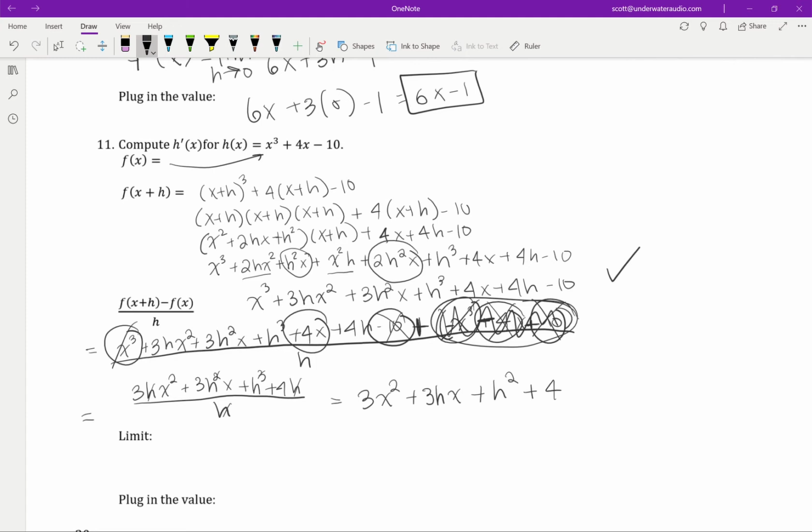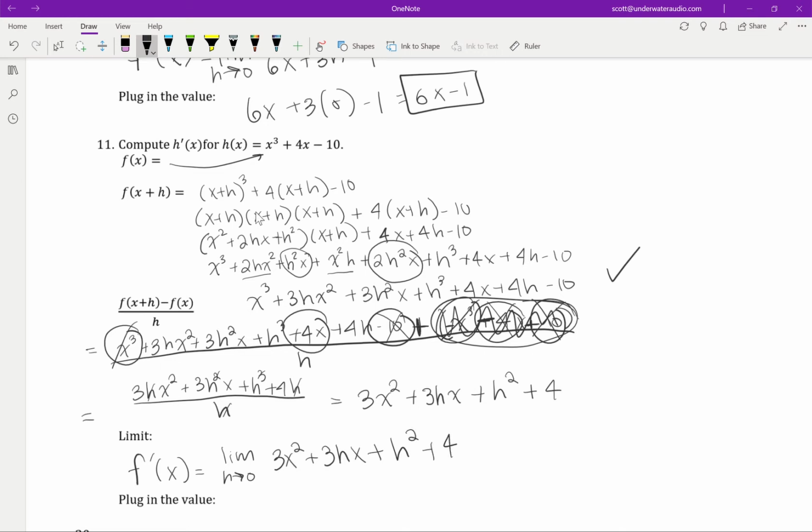Okay, limit then, so I know f prime of x is equal to the limit as h goes to 0 of 3x squared plus 3hx plus h squared plus 4.